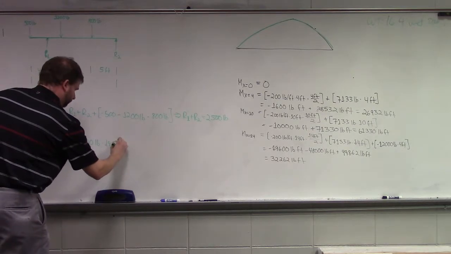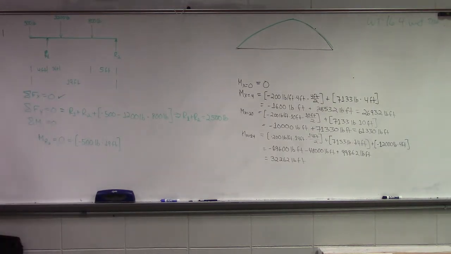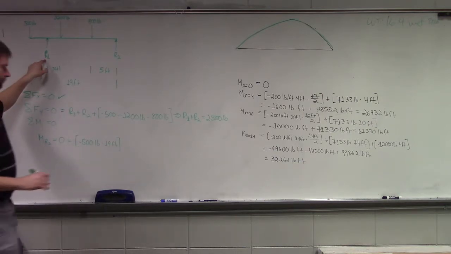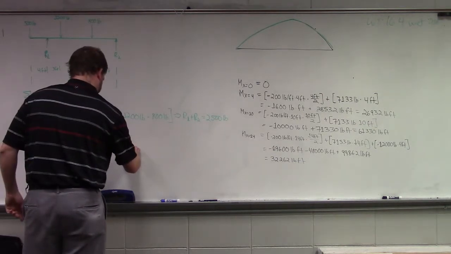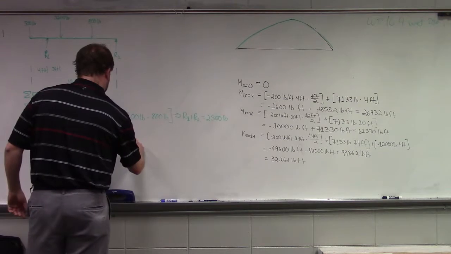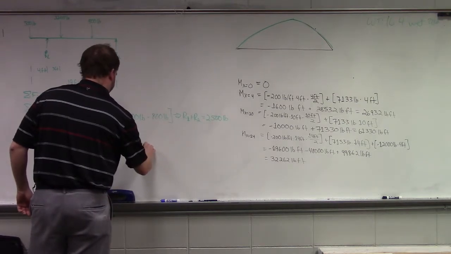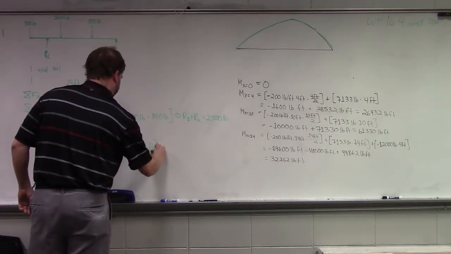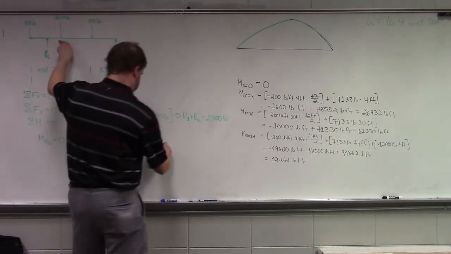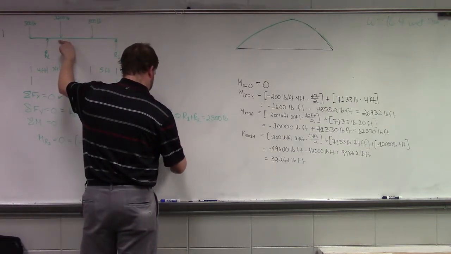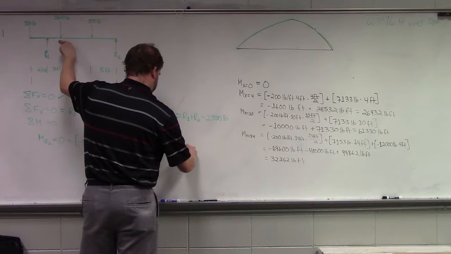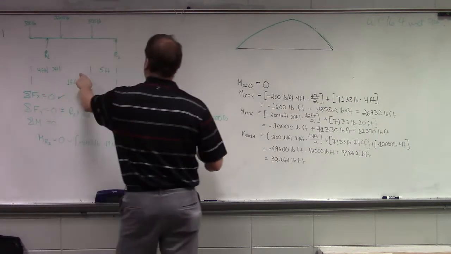Let's plug through R2 and then we can look at R1 and see what happens. What about R1? R1 times 15. There you go. Our 1,200 pound load: negative 1,200 times 12.